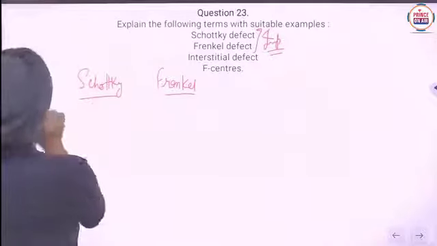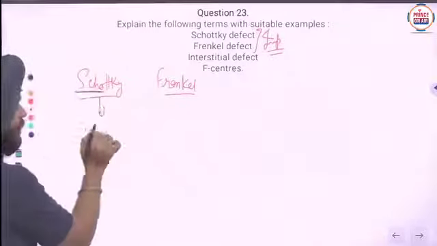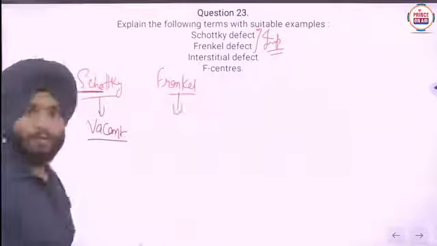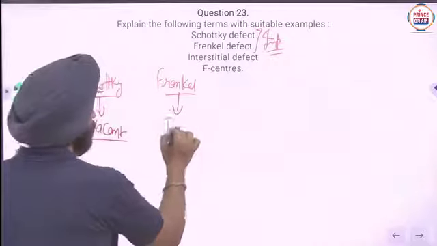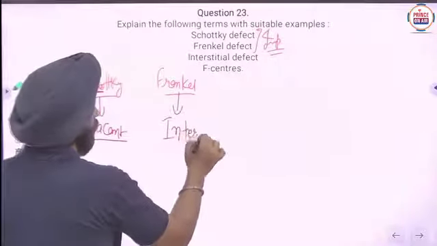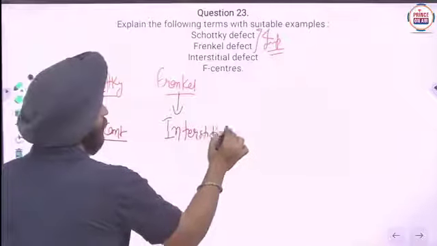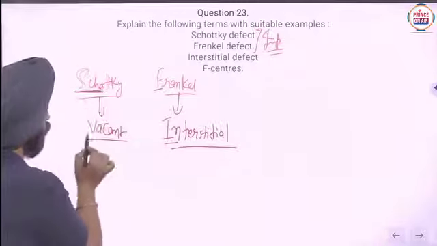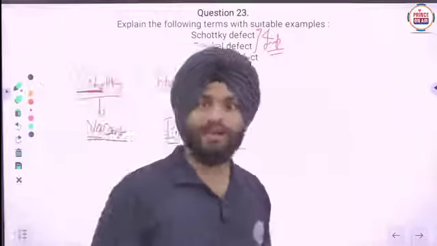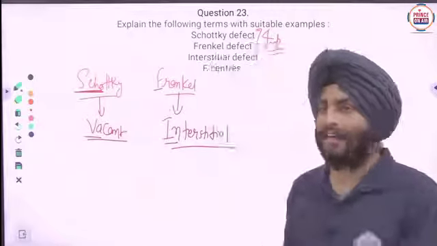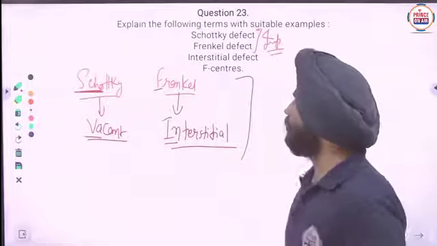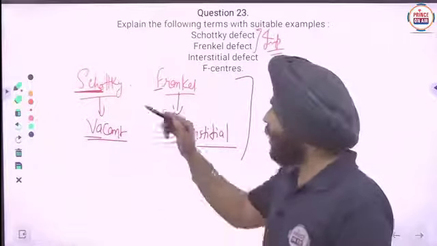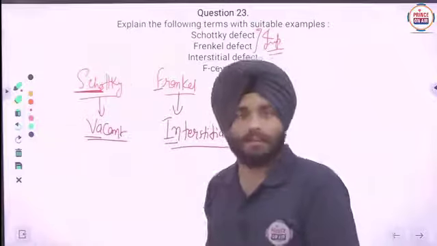During the lockdown period, schools are vacant and fine will be charged. So FI, fine, school vacant. Schools are vacant and fine will be charged. That is a trick. In this way, the Frenkel defect is related to the interstitial defect, and the Schottky defect is related to the vacancy defect.